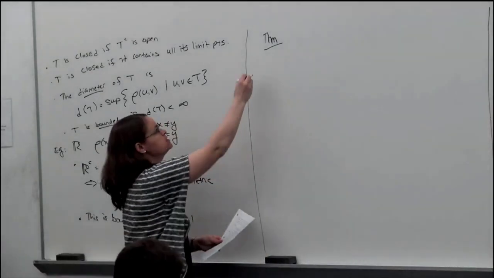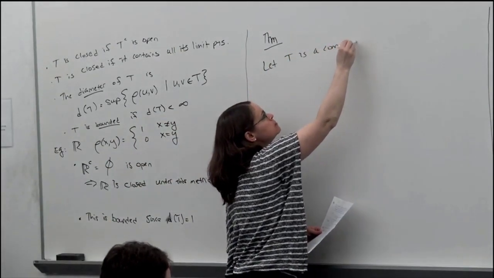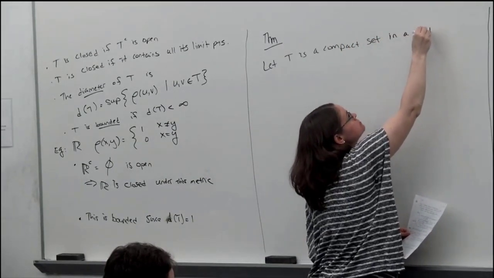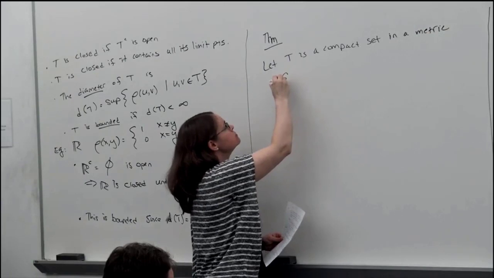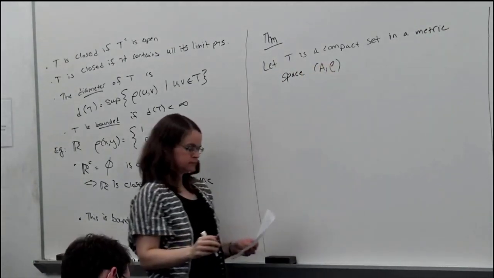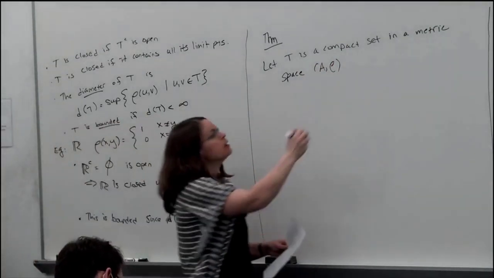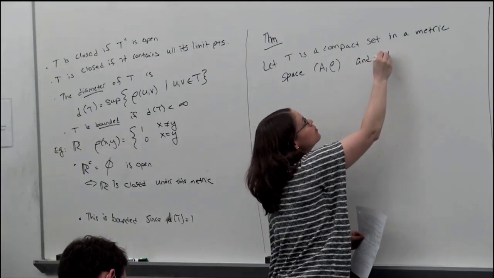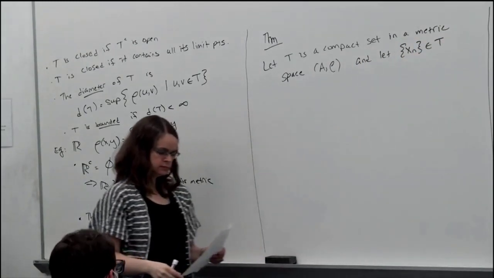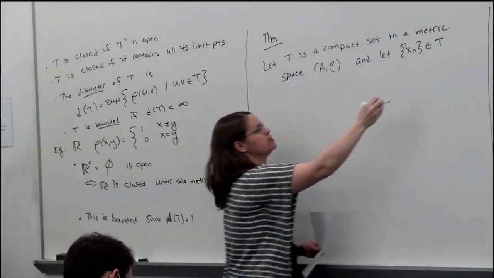So here our result is that if T is a compact set in a metric space, and we take a sequence in here, then we can find a convergent subsequence.